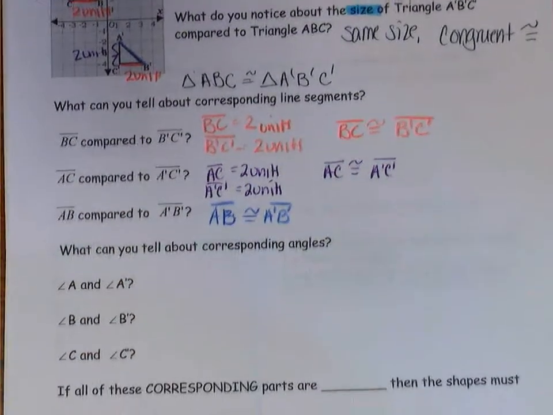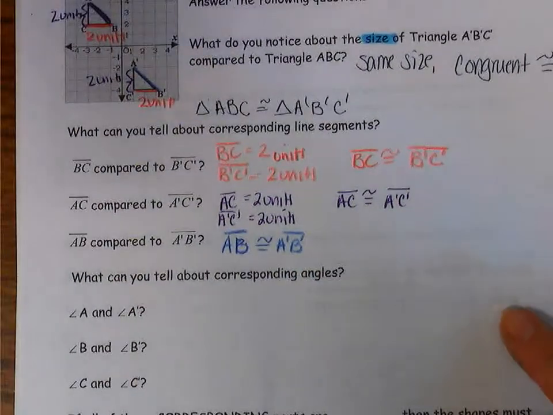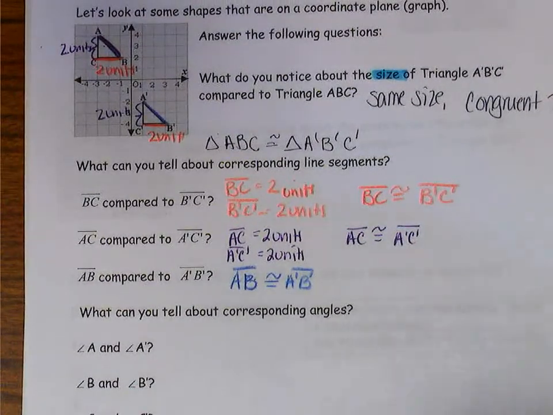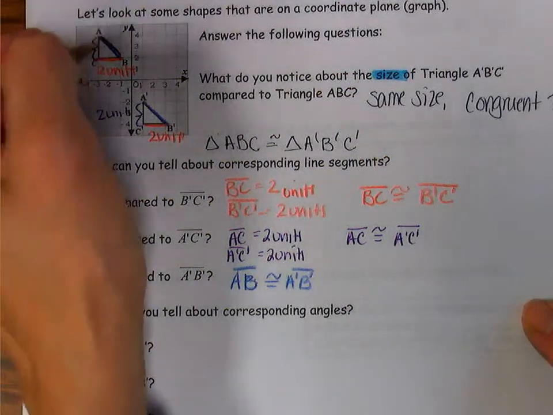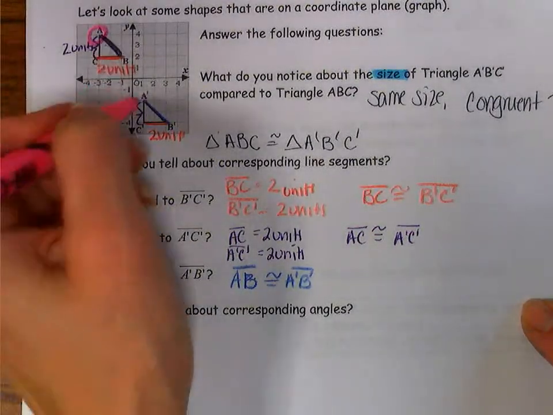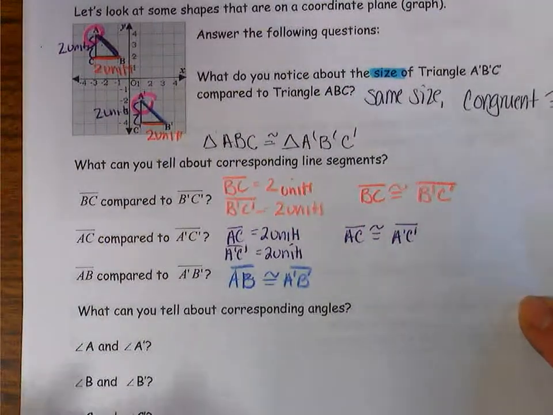So let's talk about the corresponding angles, and let's see if they're going to be congruent or not. Well, we did an activity where we talked about corresponding angles and congruence, so I'm pretty sure that they're all going to be congruent. Angle A matches up to its corresponding angle A prime.